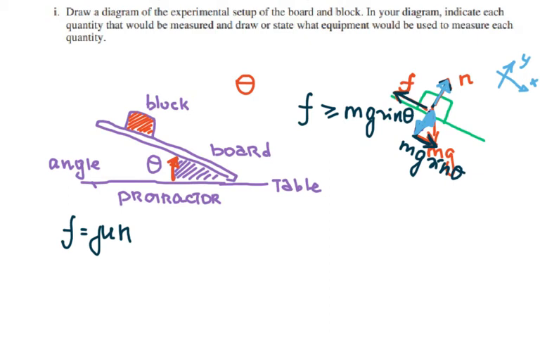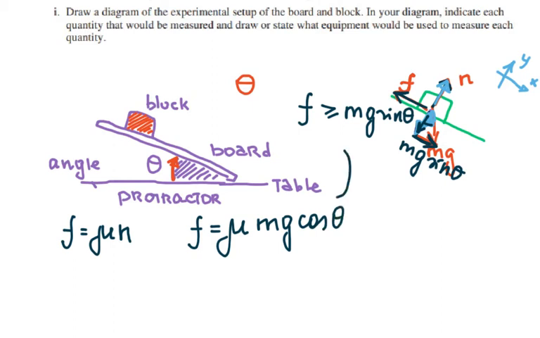So the friction force will be equal to mu times n, and n must be equal to mg cosine theta.